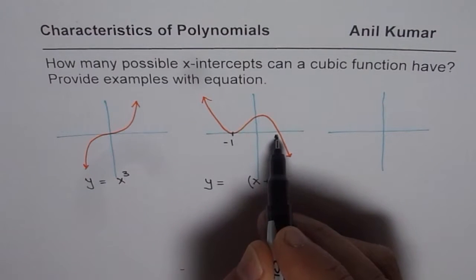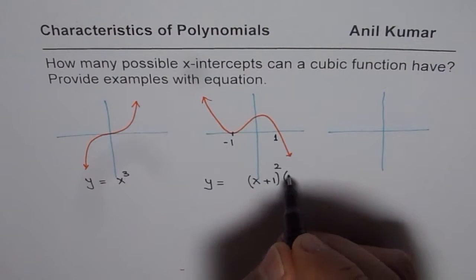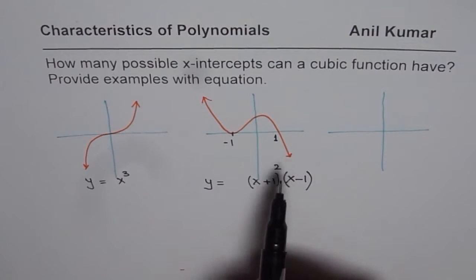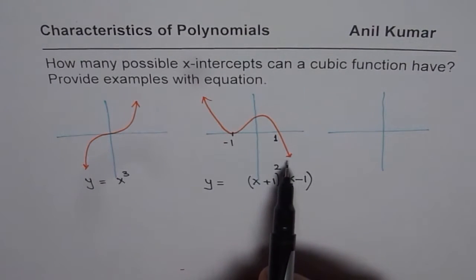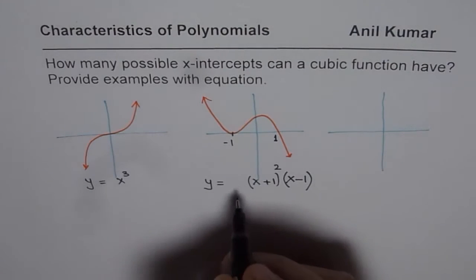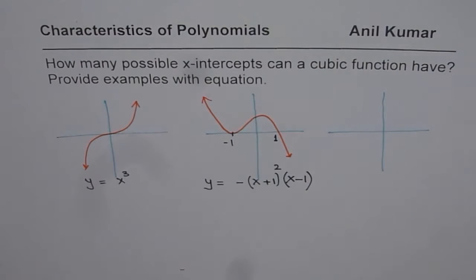And this one is at +1, a linear zero. Its factor will be x minus 1. Since the right side is down, the leading coefficient should be negative. Is that okay? So we'll keep this negative because of the end behavior.